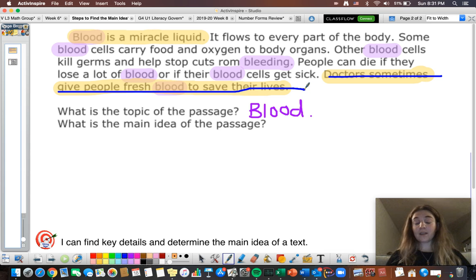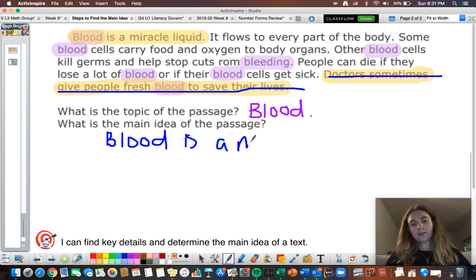That's an interesting detail, and it might help us back up why we pick our main idea. But I think our main idea is that blood is a miracle liquid, and we can just go ahead and write that sentence down. Blood is a miracle liquid.